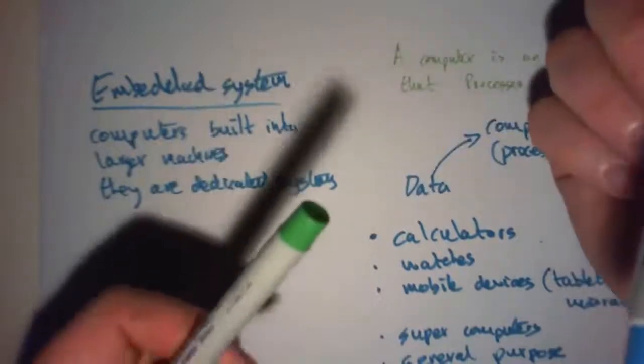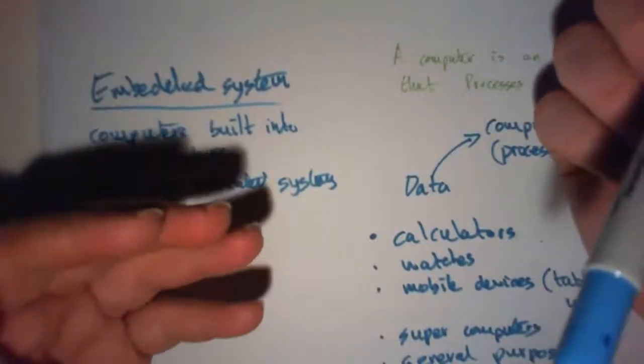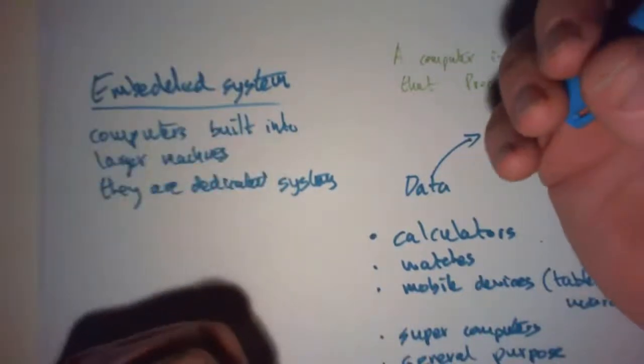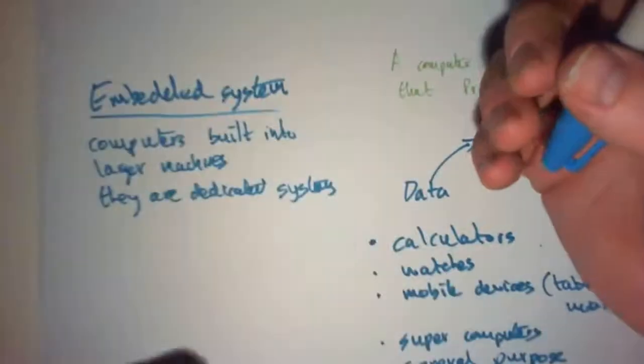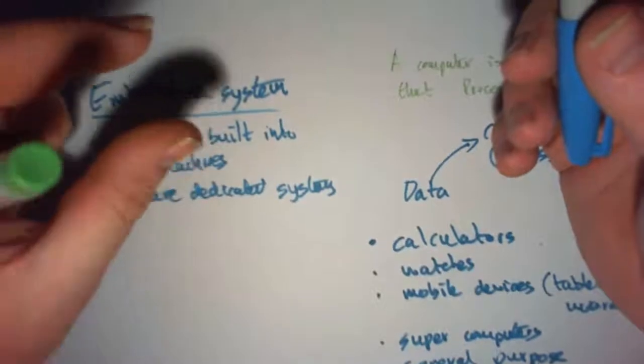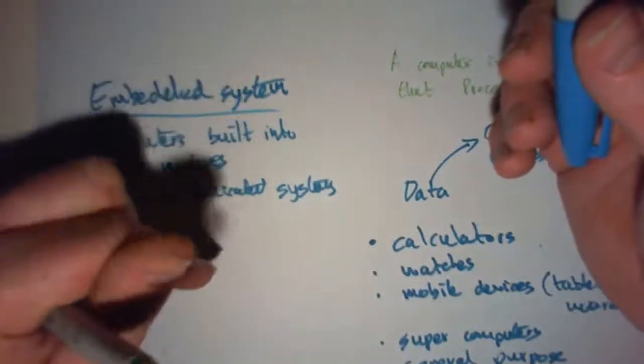They're not meant to be able to surf the internet while playing a movie, while checking the temperature of the water for your wash and releasing the tablet in to clean the clothes or whatever. They're not meant to be doing all that. They're meant to be a specific set of things that they do and no more.